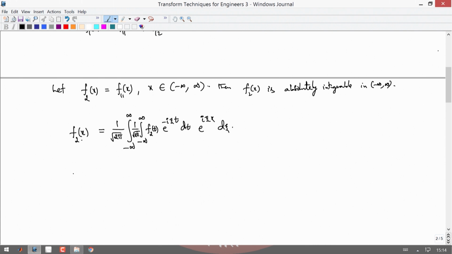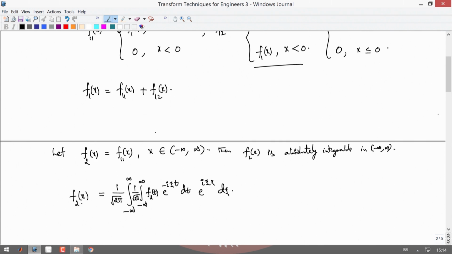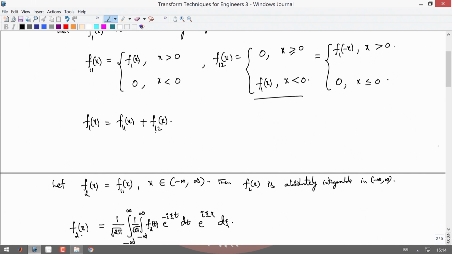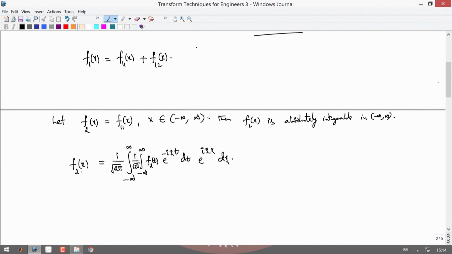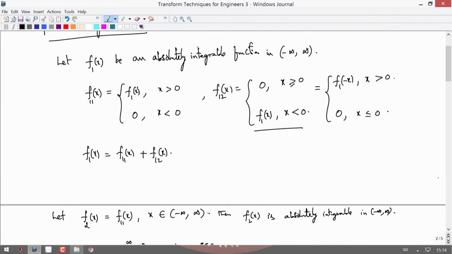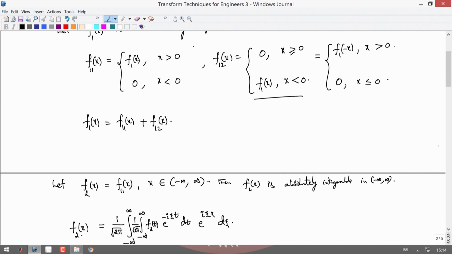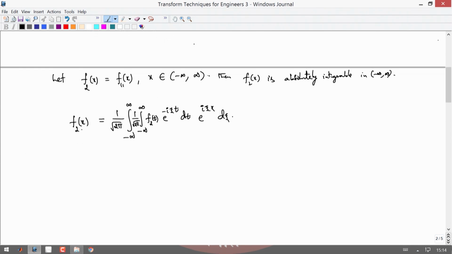Now you can put f 2 of t is f 1 1 of x, f 1 1 is basically f 1 of x, so let me choose f 1 of x.